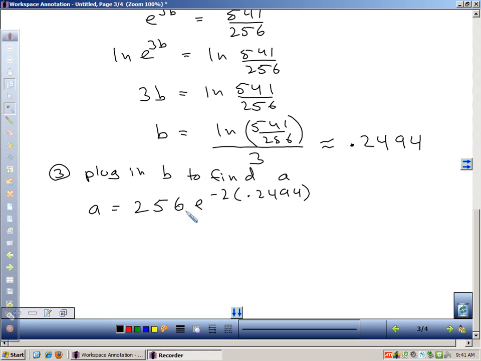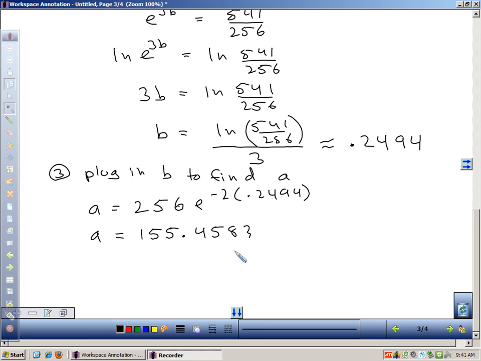I can plug this into my calculator, and when I calculate this out, I get a is about 155.4583. And when we do these exponential models and growth and decay, we want to keep several decimal points, because if I rounded this off to 155.5, my final answer could end up being way off.